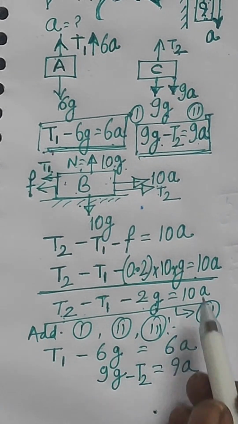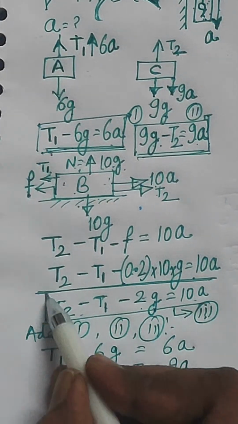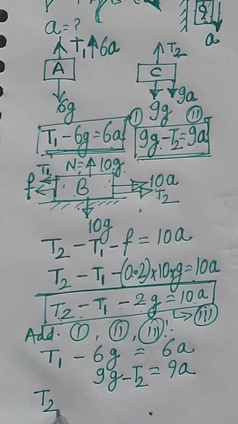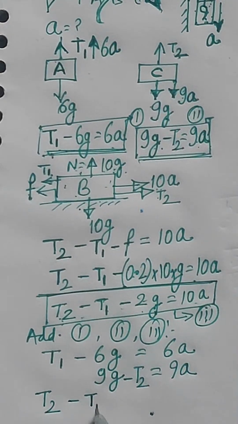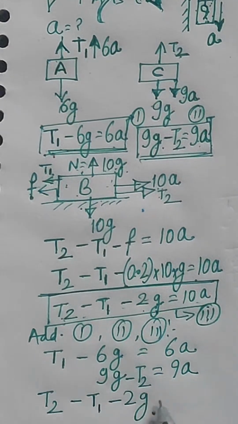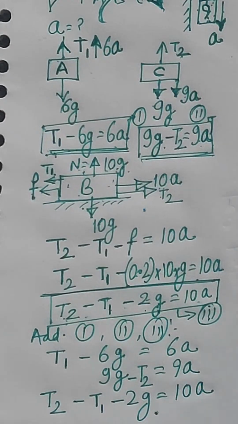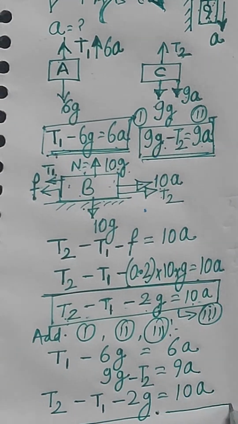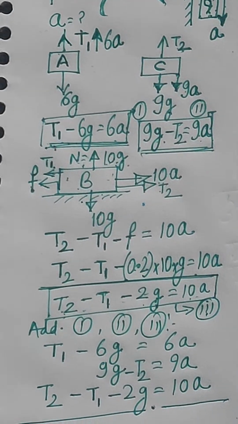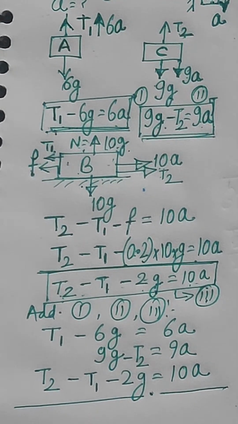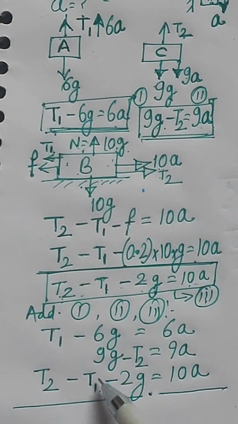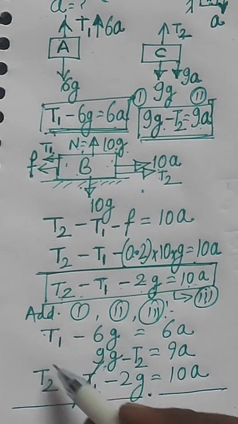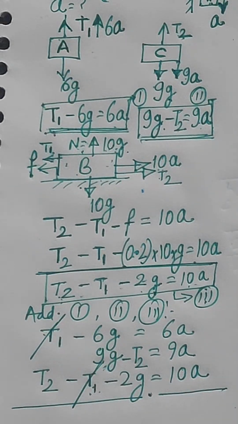And what is equation number 3? This one. That is T2 minus T1 minus 2g is equal to 10a, right? So when you add, LHS will be added together and RHS will be added together. Kevin, you can see here T1 and T1 both have opposite signs, so this T1 will be cancelled out, right?